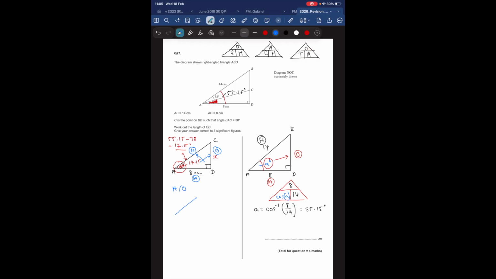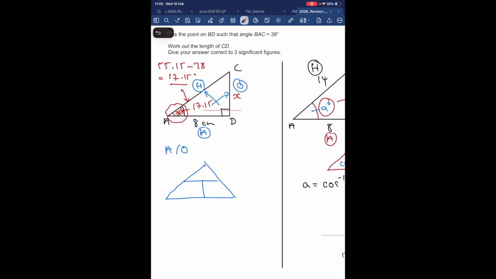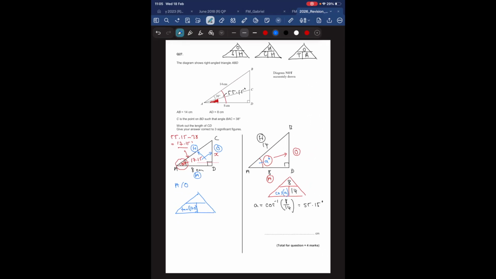So I'm going to redraw my tan formula triangle here and put in the lengths. The T is the tan of the angle. So here at the bottom, I'm going to write tan 17.15. The O goes on the top, the A goes at the bottom. So the opposite side is x, that's what I'm trying to calculate. So on the top, I'm going to have x.